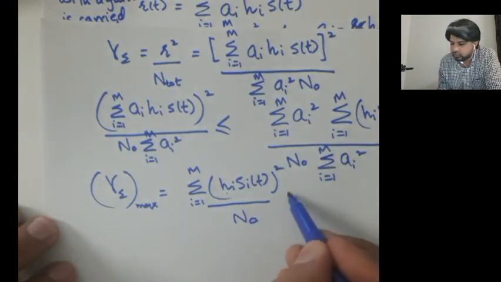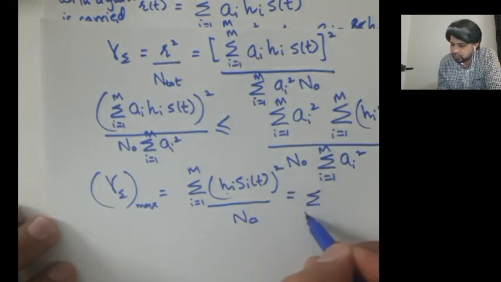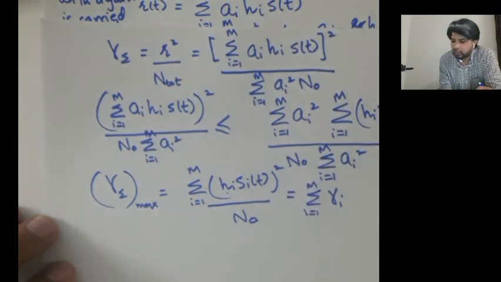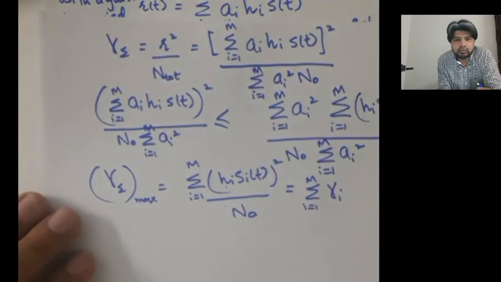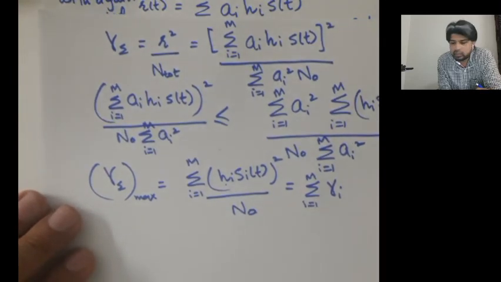So you can see right away that this is nothing but summation i equals 1 to capital M of gamma i, and which value of the gain would bring you that, we already know.